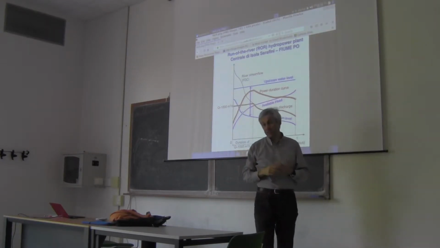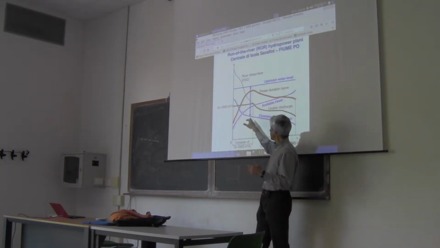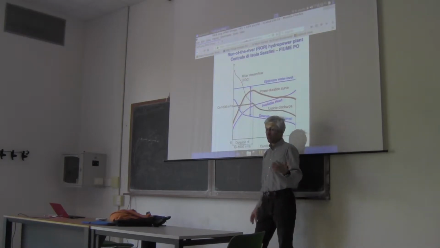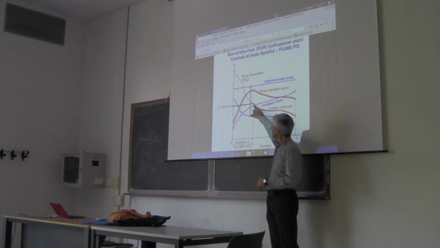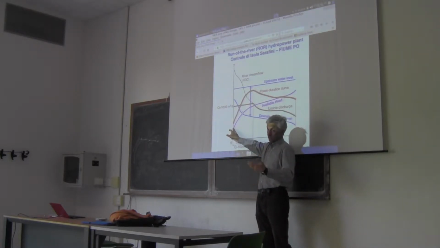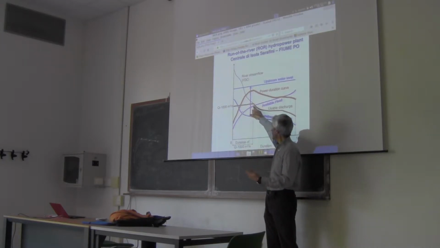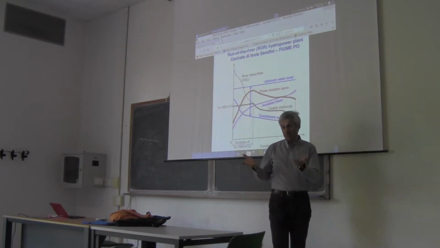It's the highest because with this river flow we have the max design flow of the plant, the max capability of the plant to turbine water, with the head that is increasing with respect to higher flows. Here I have a head that is higher than the head I would have with higher flows, because the downstream water level is increasing.